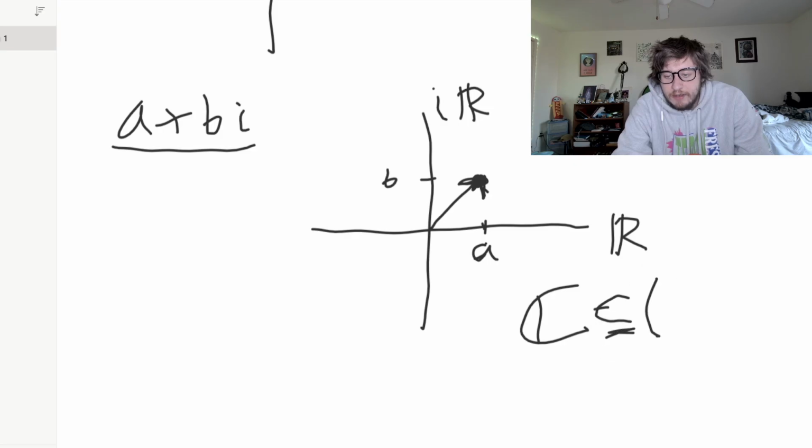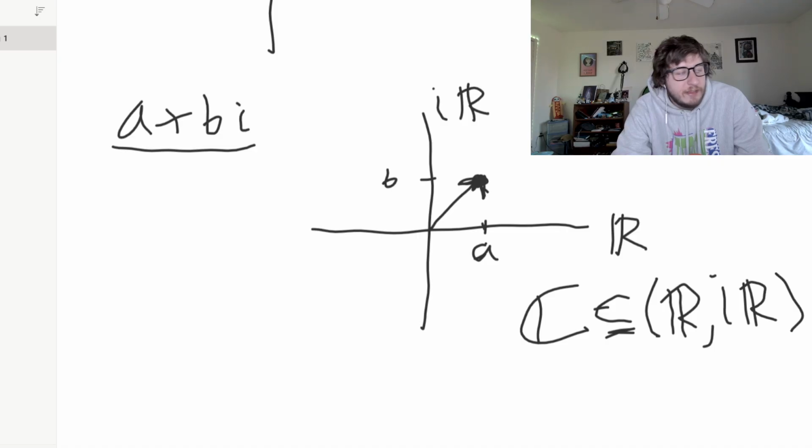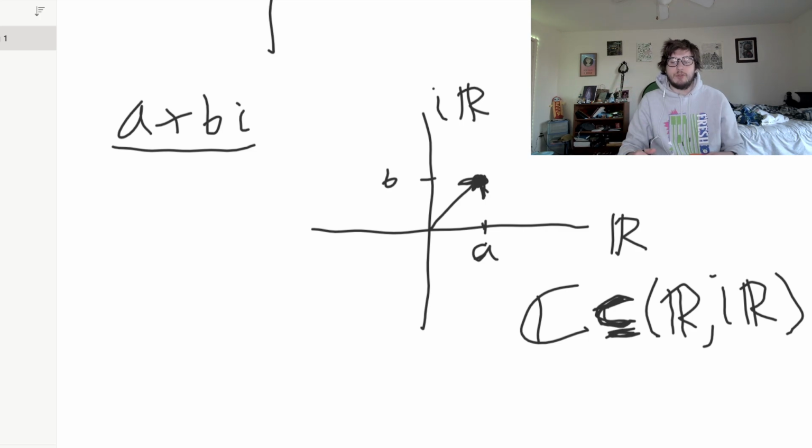I think this is true for my mathematicians out there, but it's a proper subset, or they are the same, they're equal sets. It has R and iR on it, right? So there's two coordinates in a complex point.